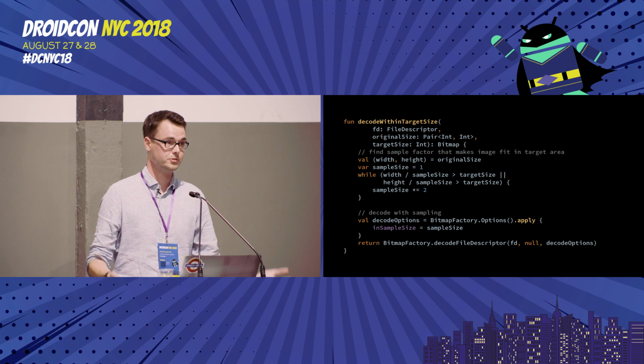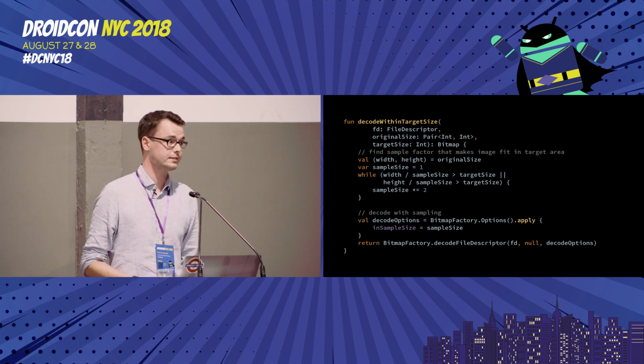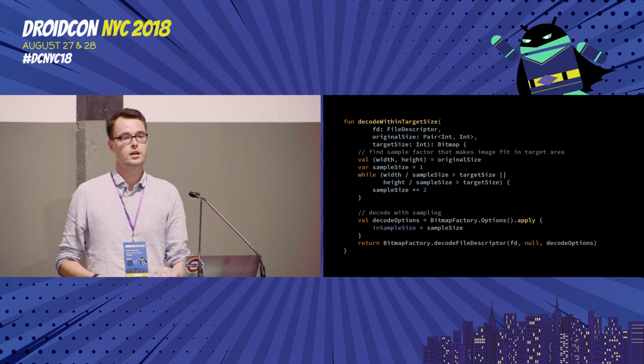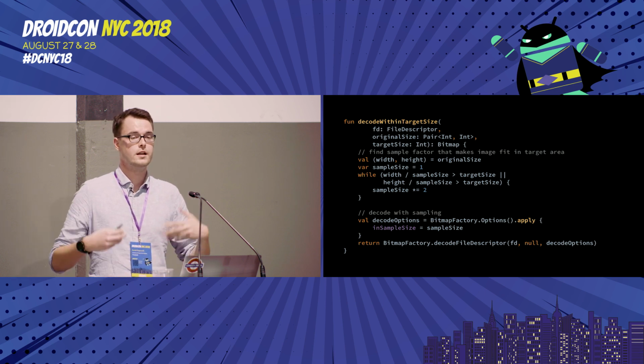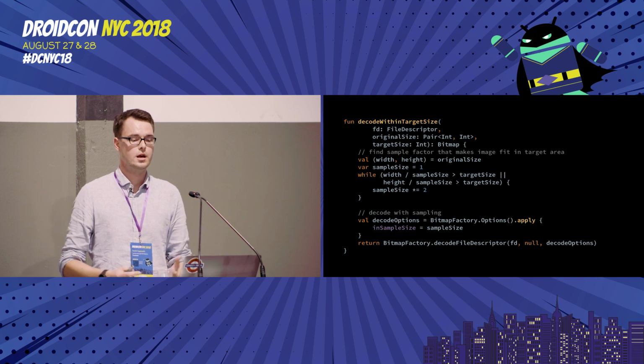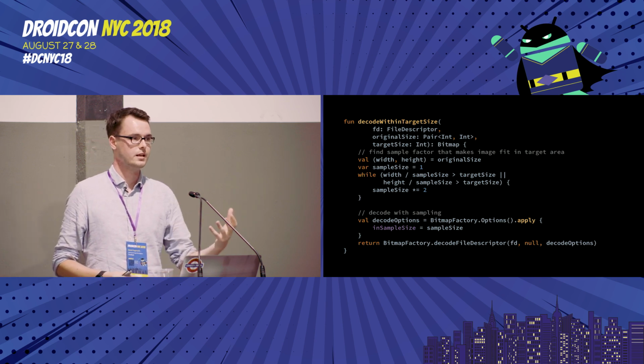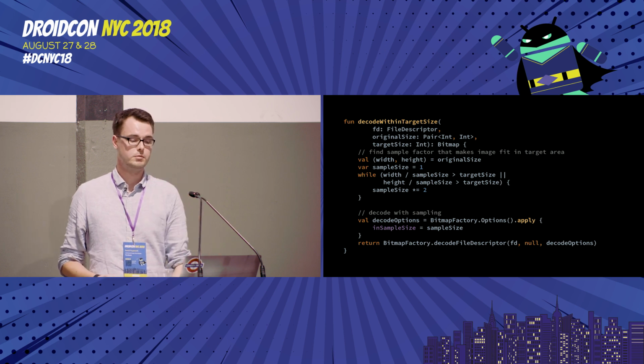And then the fastest way on Android to get to a lower resolution is to use sampling. Sampling tells the underlying decoder that it can skip certain pixels and never allocates a bitmap of the entire size of that image, but performs a very efficient way of just getting a downsized version of your image.